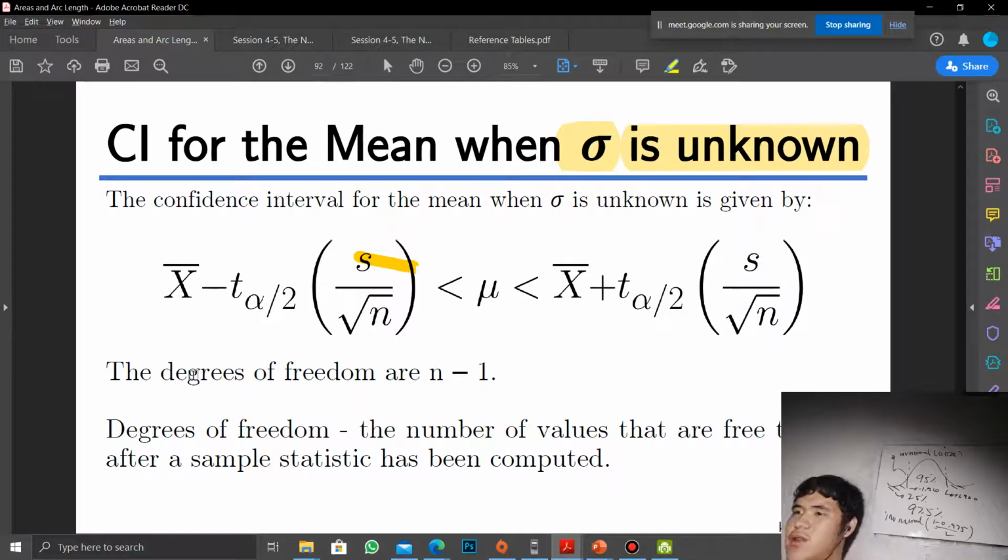Then meron tayong tinatawag na degrees of freedom: the number of values that are free to vary after a sample statistic has been computed. Actually, ito yung pagkuha ng t-score, it's not as straightforward as the z-score. I'll show you later how to use this. Okay? Basta tandaan nyo to, n-1.